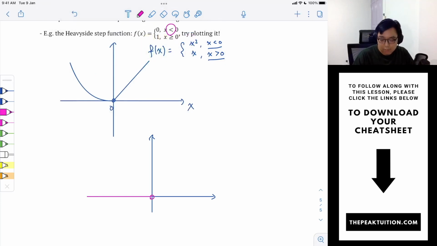However, when x becomes more than 0, it jumps immediately to 1. And this is a more than or equals to, so this must be a solid circle, and then we continue. So this is known as a Heaviside step function. Essentially this is like what happens when you switch on a switch: the electricity going to your light bulb, for example, instantly jumps from 0 to some unit.